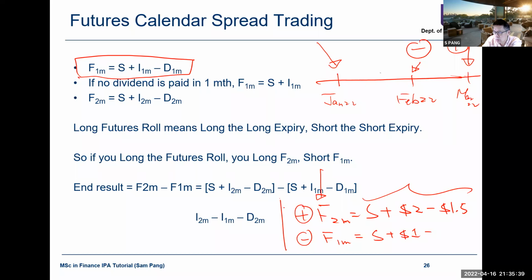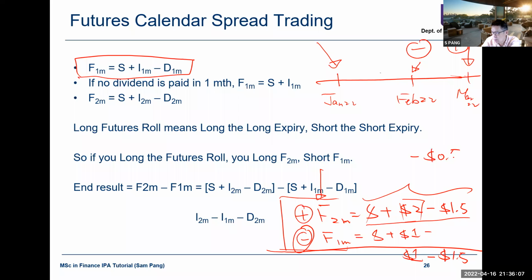If you do this as a combo, you just add it up. S minus S is 0. 2 minus 1 is $1. But here there is a minus 1.50. That is where that minus 0.5 came from. Are you with me? Is that okay?